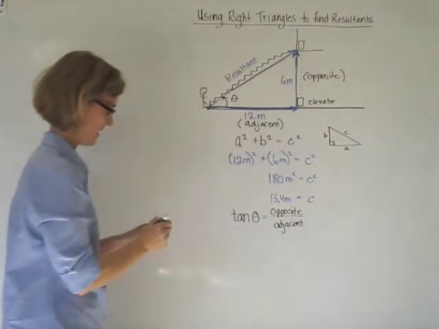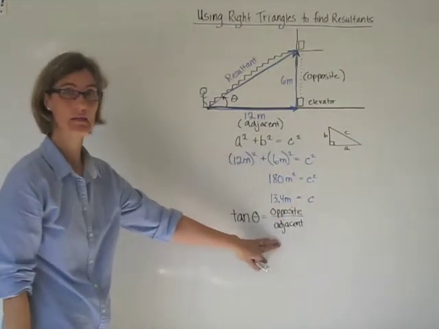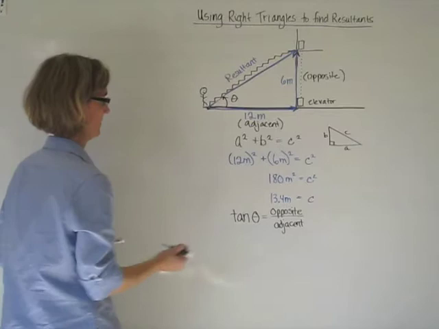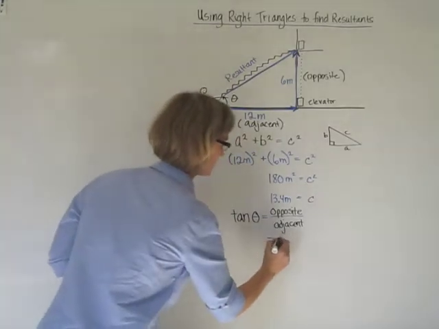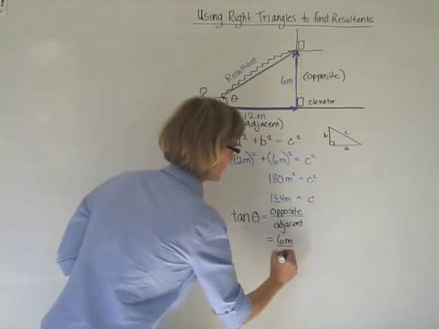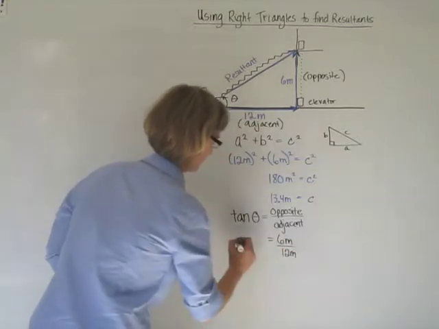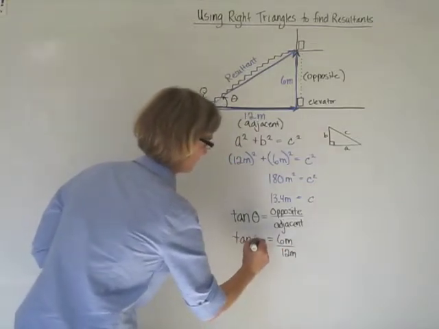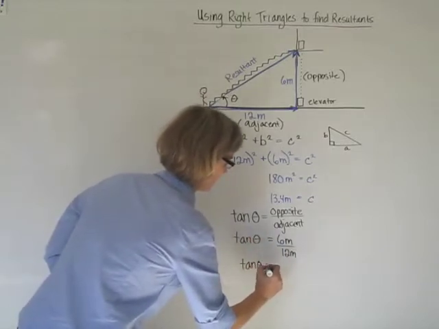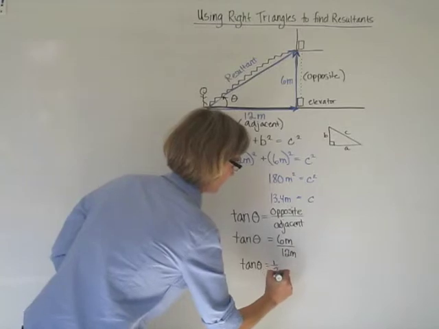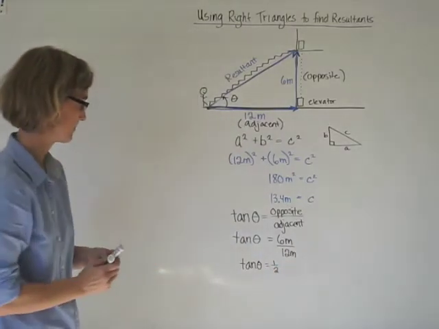Now to find the angle, I substitute the opposite and adjacent lengths. The opposite is 6 meters. The adjacent is 12 meters. So that gives us that tangent of theta equals 1/2, or 0.5.